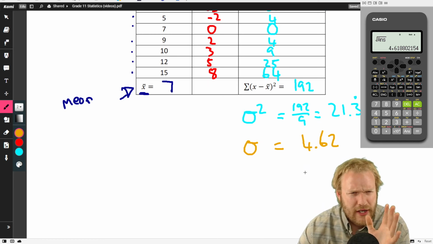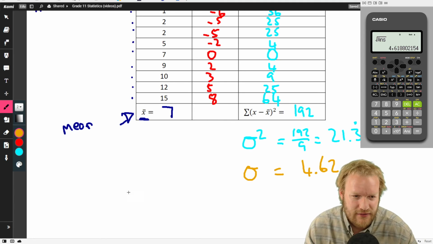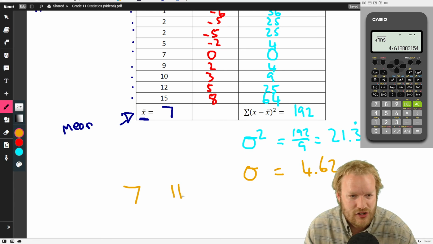So there's our data shown in a different way. There's our mean. If we go one standard deviation away, we're on 11.62, because we're 4.62 away.